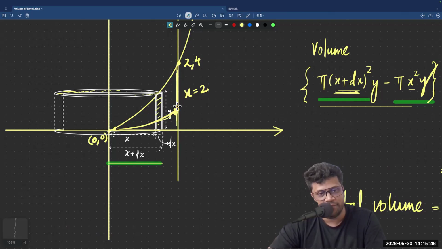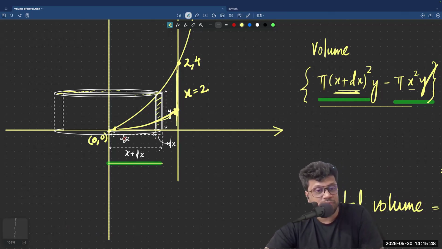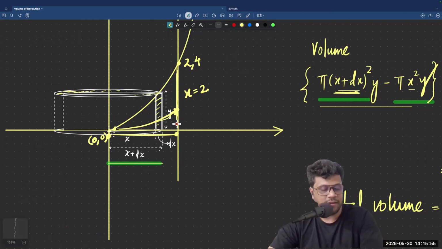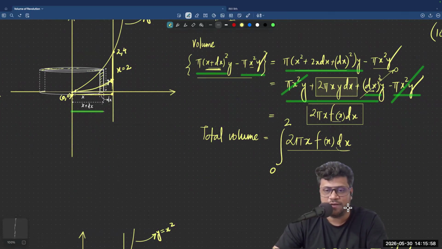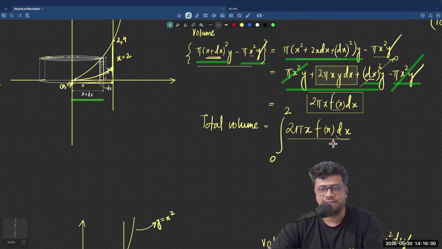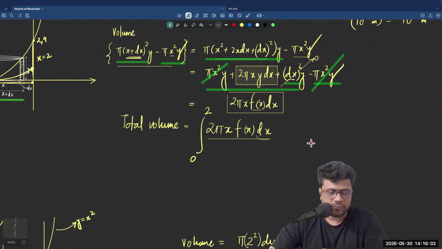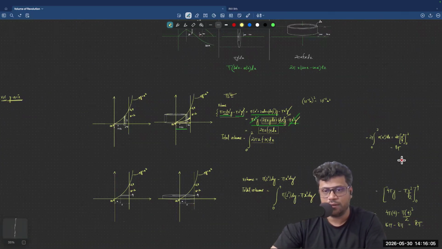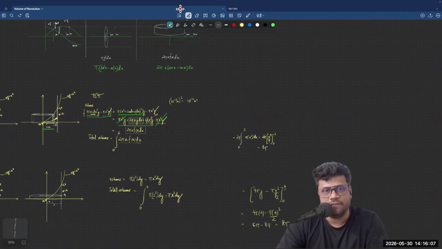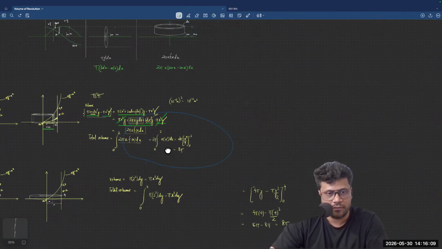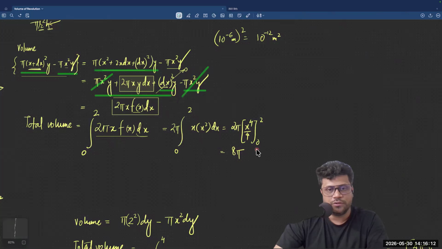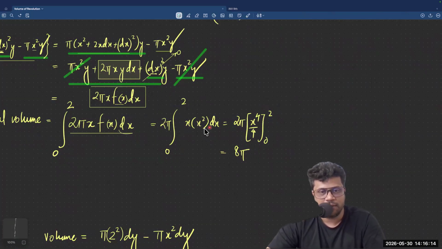So the limits are x equal to 0 to x equal to 2, so that all the strips are covered. That is why we've put the limits of 0 to 2 on 2 pi x f(x). If you solve this, with f(x) being x square, and 0 to 2, you end up with 8 pi.